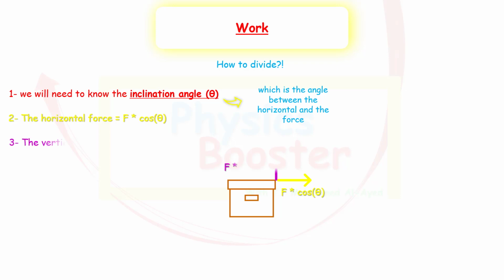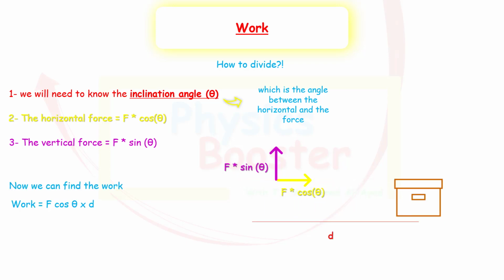Let's call it theta. Now, the vertical force will be F multiplied by sine of theta. So, if the object moved horizontally, the work done in this case will be equal to F cosine theta multiplied by d, which is the distance that the object moved. So that is simply work.